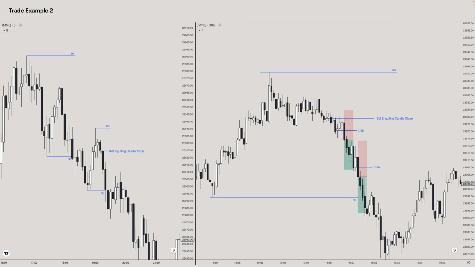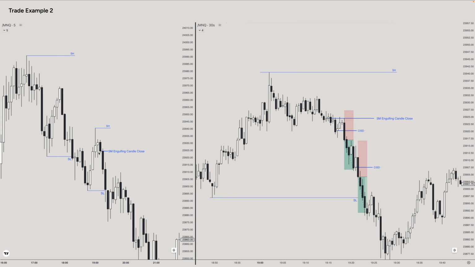You wait until this 5-minute bearish engulfing candle has been closed, and you mark out the candle body closure with a blue line. I normally draw the line already. Saves me 2 seconds from drawing a line, and I'll move the line down to where the candle body is closing. So this 5-minute engulfing candle body close line is this line right here at the top.